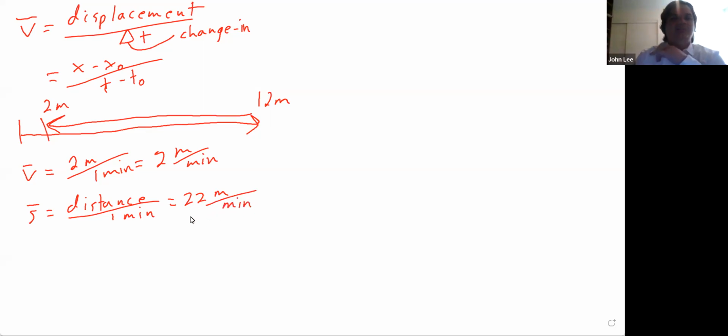So 22 meters per minute, which means the actual speed you were going at is exactly 11 times faster than your average velocity. So the average speed is 11 times faster than the average velocity because velocity is a vector and speed is just a scalar adding up all the distance that you've traveled.